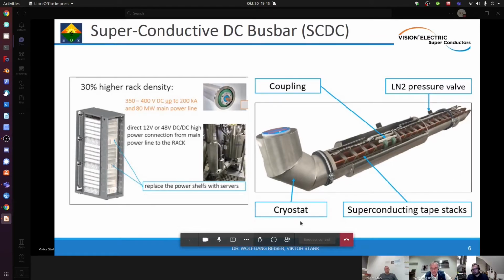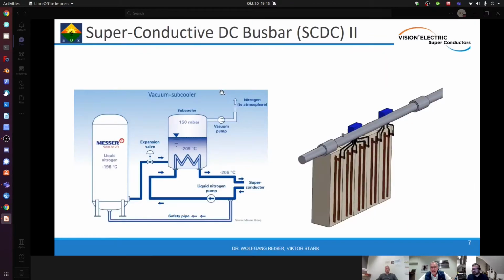And if you go to the next page, I show you how liquid nitrogen is created and stored. Perfect, thanks. On the left side you see a tank, and a small vessel, a cutaway of a small vessel.